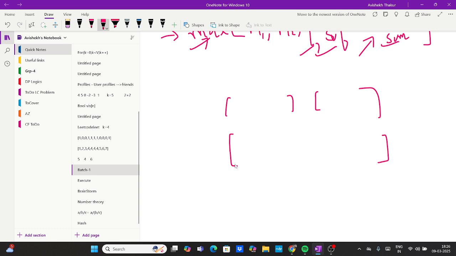Now this larger subarray might also merge with some other node which we don't know. So for every node we need to store the maximum prefix and the maximum suffix. Now try to think, how can we get the maximum prefix of this larger subarray from these two smaller subarrays?